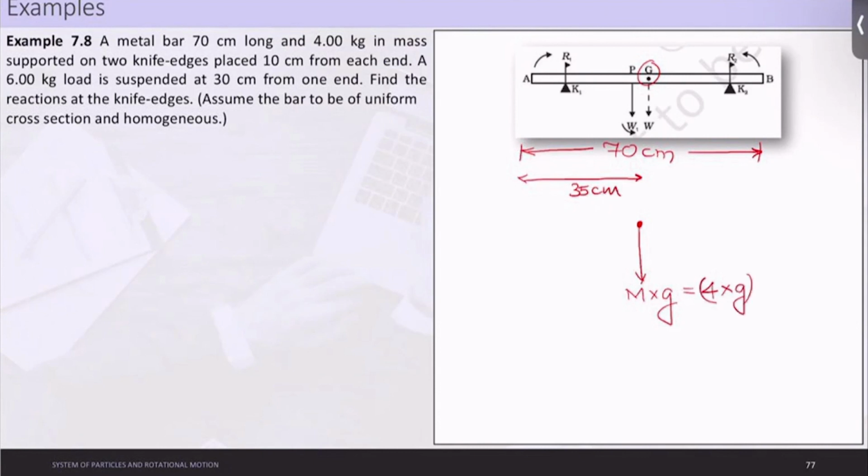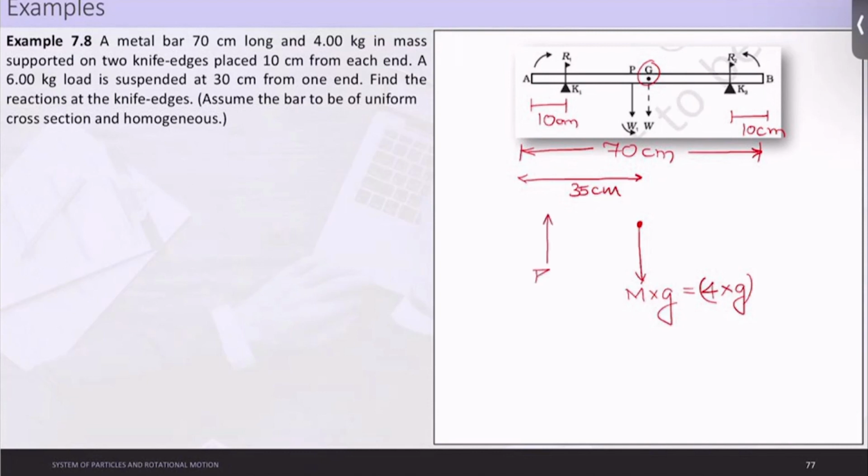Next thing is that it is supported on 2 knife edges. These are knife edges K1 and K2, which are placed 10 centimeter from each end. That means this is given to you as 10, and this is also given to you as 10. Correct? So the reaction forces would be acting in this direction.